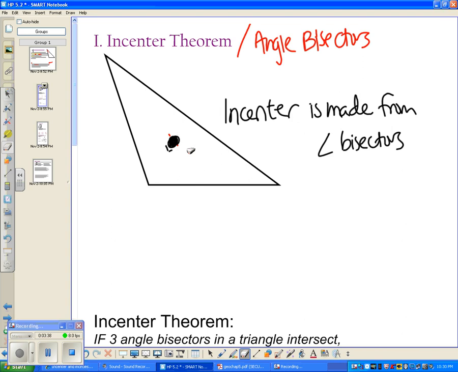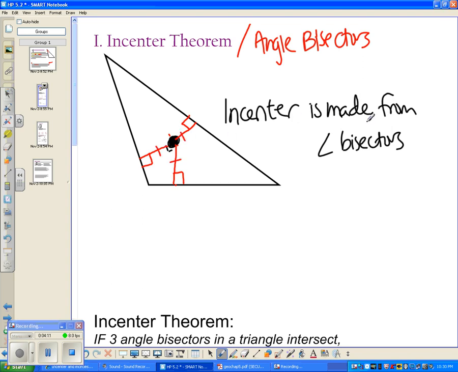If you took this incenter, and let's say you wanted to find the shortest distance to this side, the shortest distance is a perpendicular line. So bam, let's say that's a 90-degree angle. Then let's say I did it to this side too, and found the shortest distance as a perpendicular line. And then I did the same thing on this one. I know it doesn't look like it from my picture, but these are going to be congruent to each other.